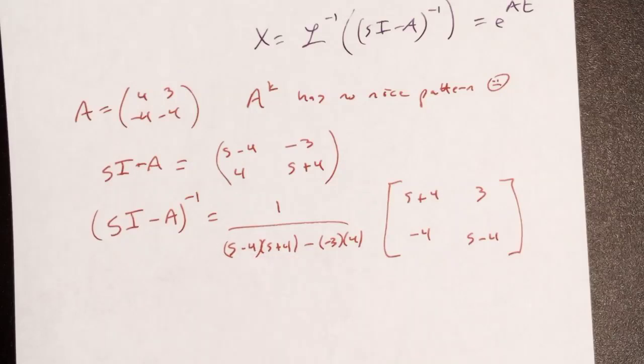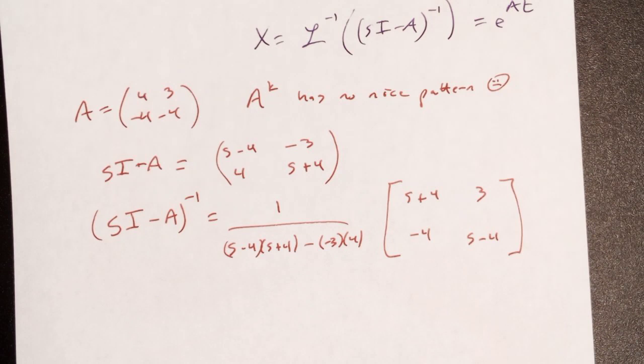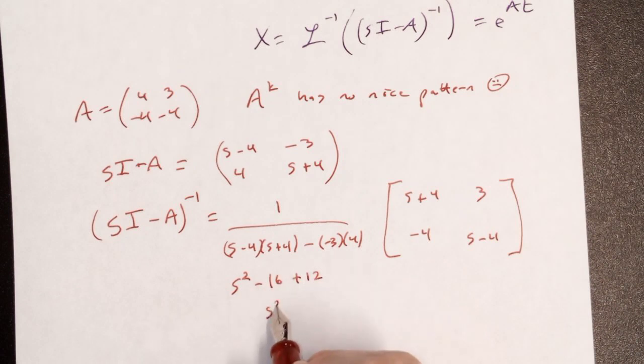Multiply this out on the bottom here. What do I get in the denominator of this fraction? Which would be s minus 2, s plus 2, right?